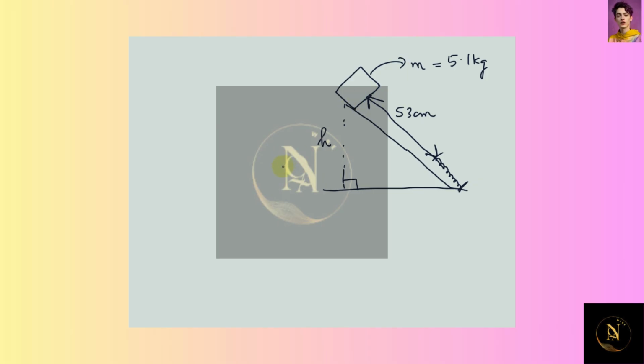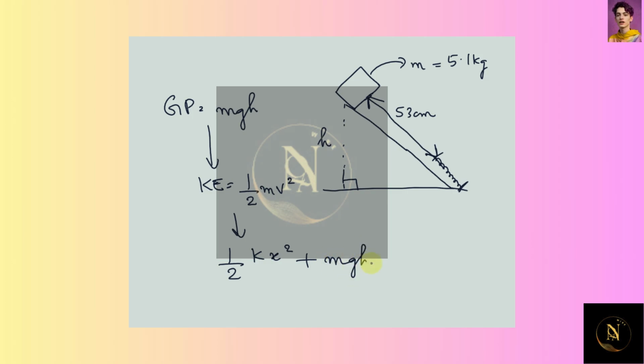Here, as a block slides down the ramp, the gravitational potential energy mgh is converted to kinetic energy, half m v squared, which later gets converted into the compressed energy of the spring, that is half k x squared, plus there is some loss of gravitational potential energy, that is mgh'.